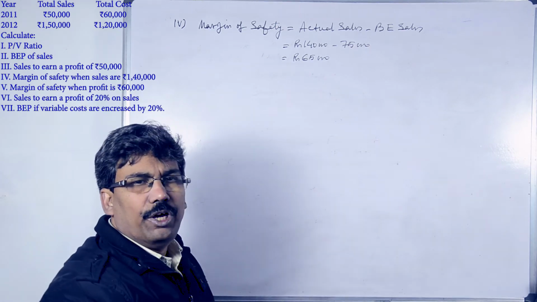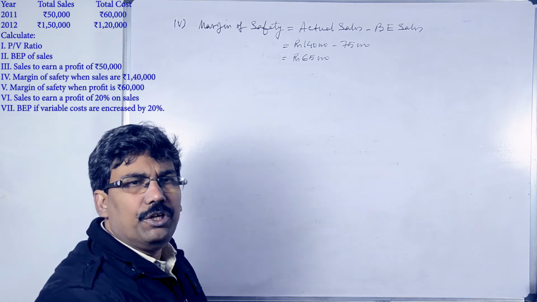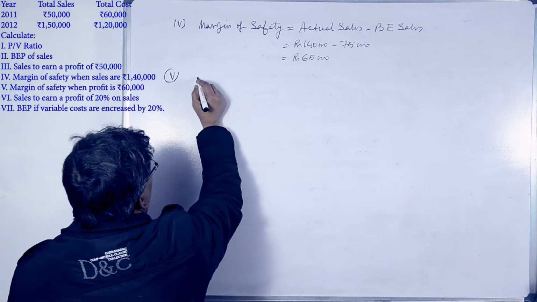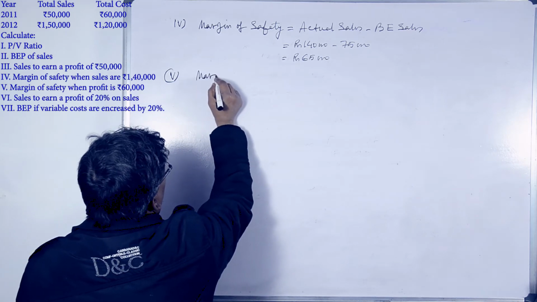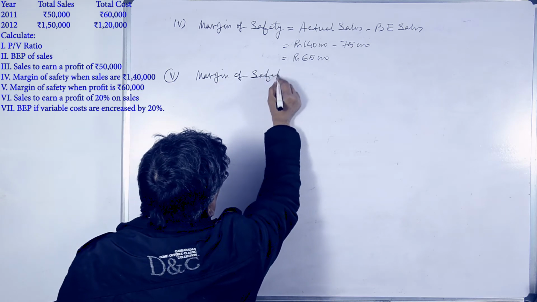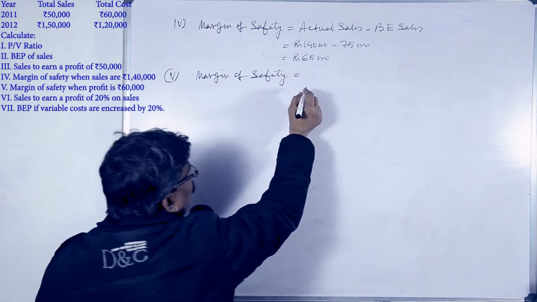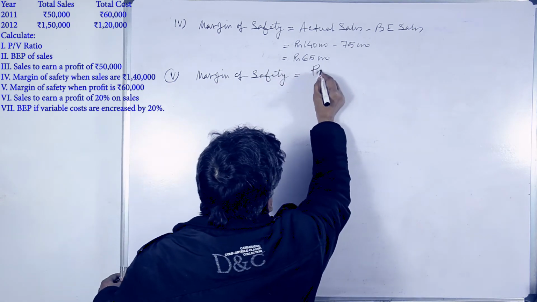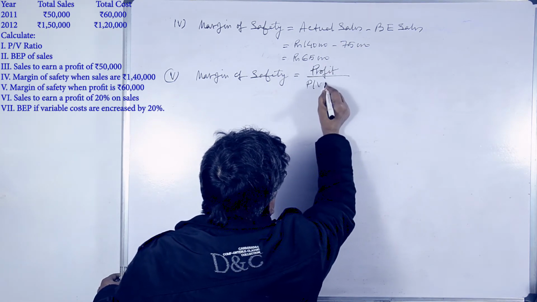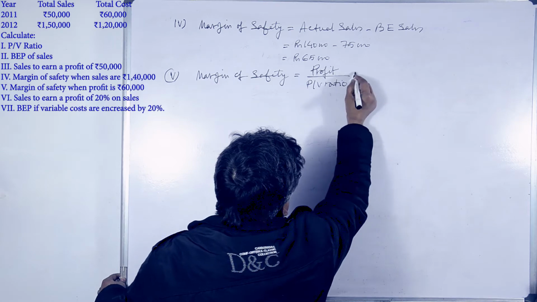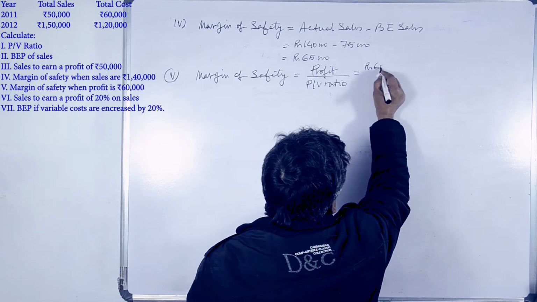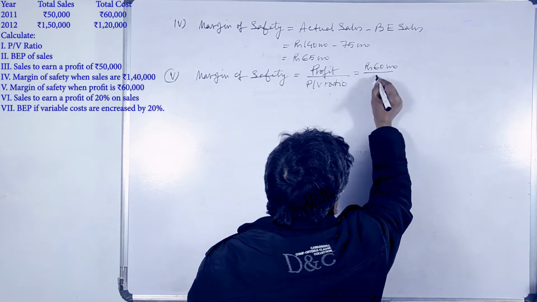Next, number 5, margin of safety when profit is rupees 60,000. Another formula of margin of safety equals profit by PV ratio. Here profit is given 60,000, then we can write 60,000 divided by PV ratio 40%.